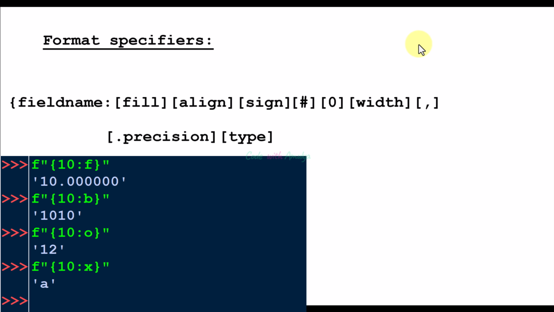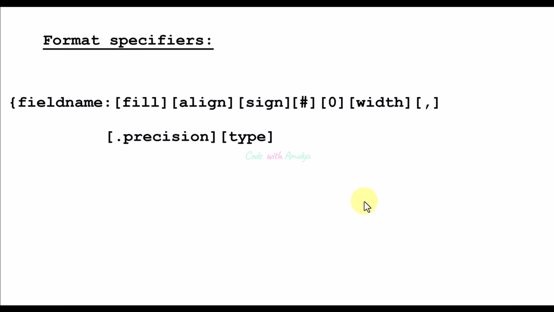So here we can see the examples. This field actually converts the value to binary form, hexadecimal form or octal form or in the percentage form. And if you want that prefix 0b, 0x, 0o like that, then you need to use the hash. Okay, so this is about format specifiers.